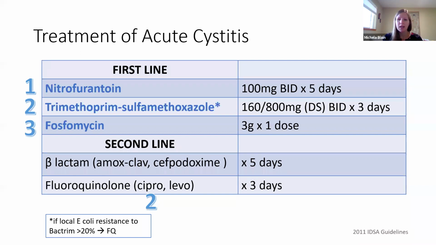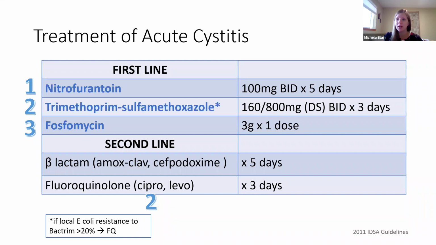And then my third go-to is fosfomycin. And that is awesome, and that is just one dose. It's like a powder, you mix it into water and you just take it once. The reason I have that third here is because there have been some studies that show an increased rate of recurrence when using fosfomycin, but also it's actually an awesome antibiotic, and we try to save it for folks who have MDR UTIs, and it is one of our few.